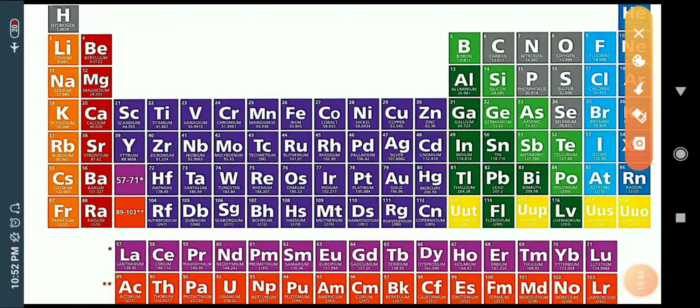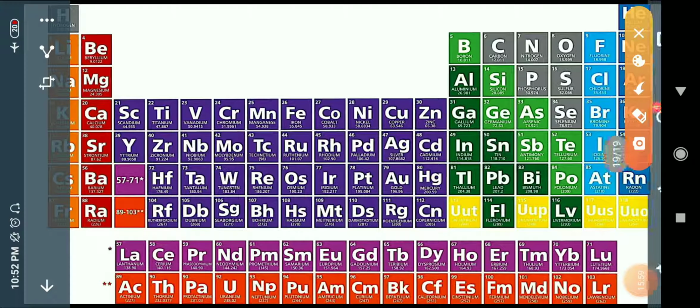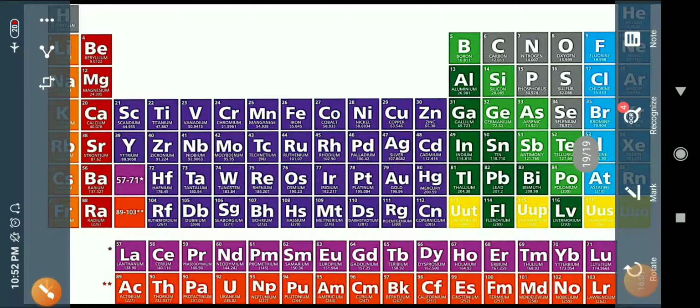And listen, in the case of the 18th group, there are inert gases: helium, neon, argon, krypton, xenon and radon.